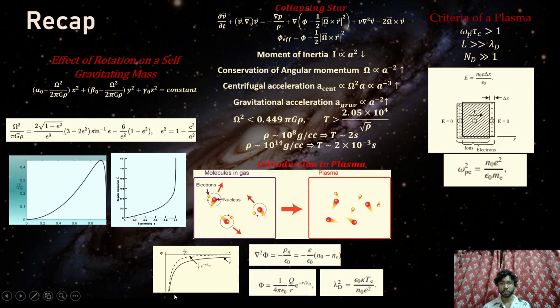If we plot this, this is how it looks like, phi as a function of r, and this lambda d is where the drop of the electric potential happens. So after a certain distance, that is lambda d, the electric potential phi drops. So after this, the ion at the center won't have much effect on the outside particles, right? That's why it's called the Debye shielding effect.